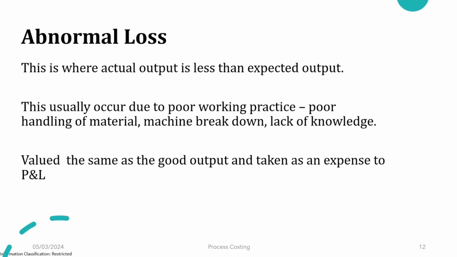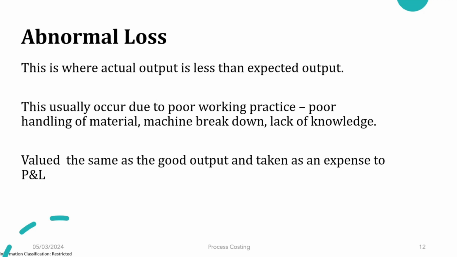Not only could the losses be normal, sometimes there are abnormal losses. These losses are quite unexpected, actually. This is where actual output is less than expected output. That usually occurs due to some poor working practice, like poor handling of the materials or a machine breaking down, or the laborers working in the factory being inexperienced and causing some of the problems.